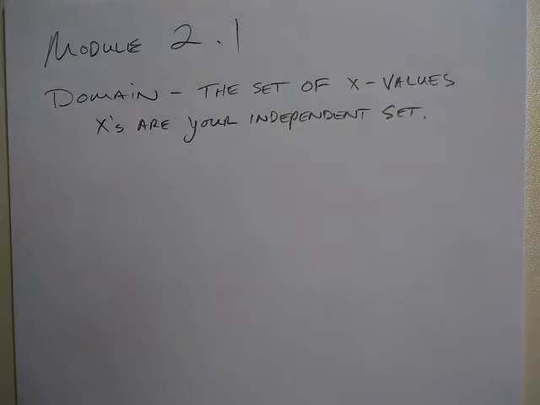So if you have a context where you have to decide what's the x and what's the y, in math, time is so regularly the x because it's something that you can count on. It's something that's regular. It's something that happens without you doing anything. It's just going to occur.